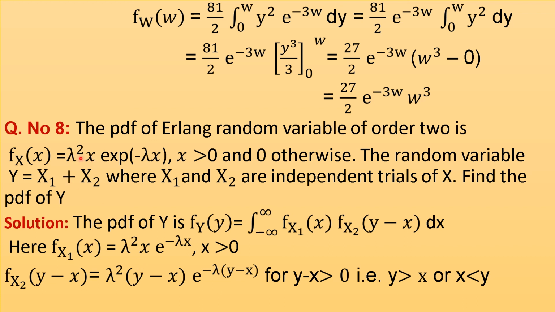So it will be lambda square x into e power minus lambda x for x positive. Now the probability density function of y is the convolution of fx and fy, integral from minus infinity to plus infinity.